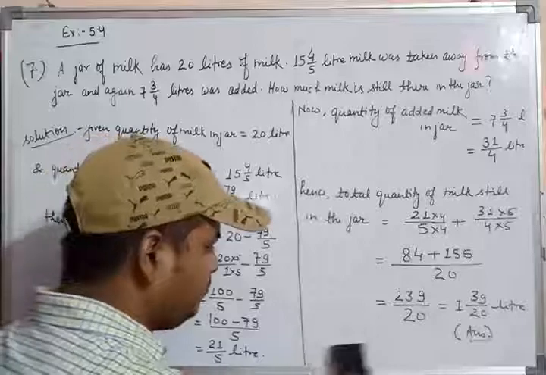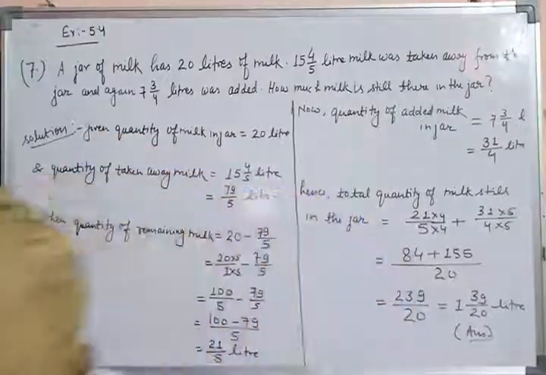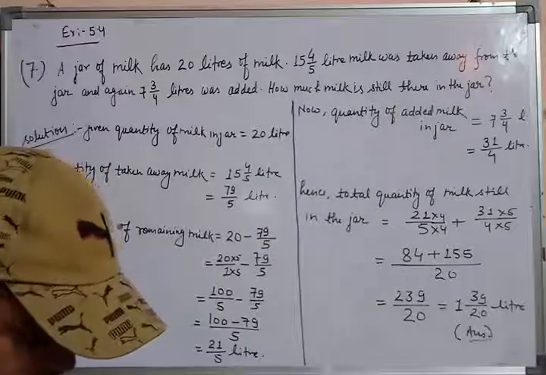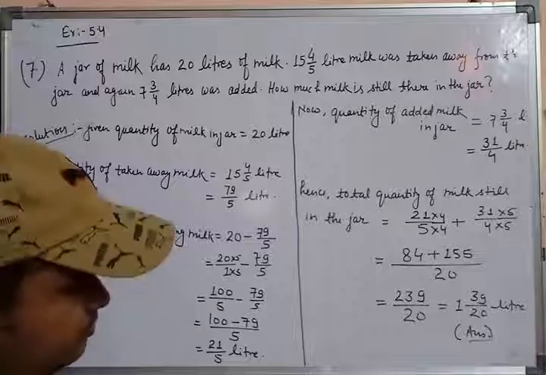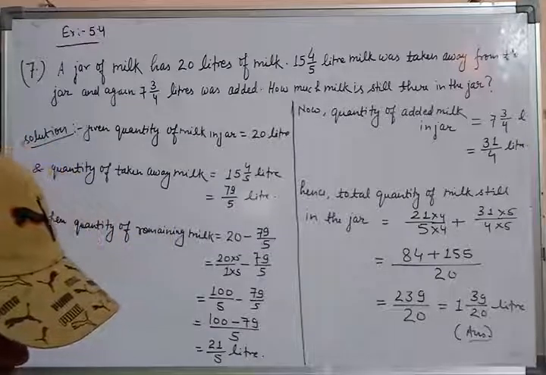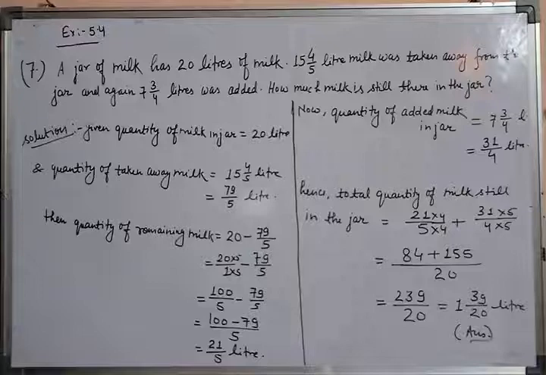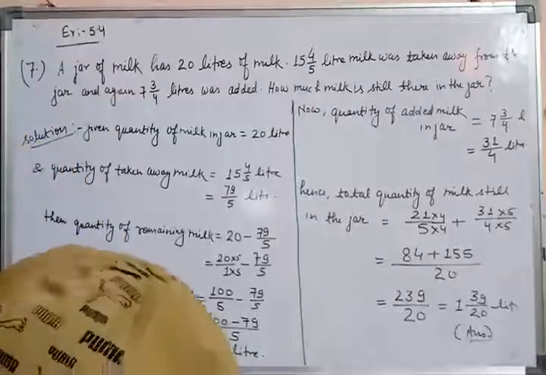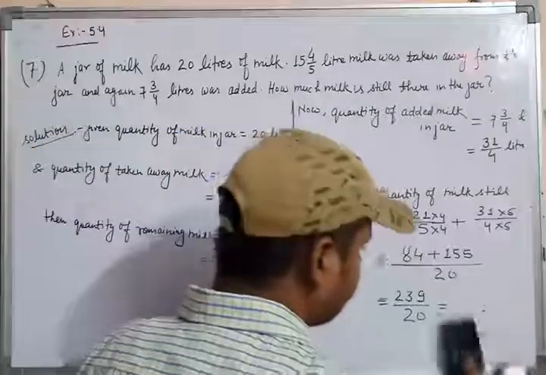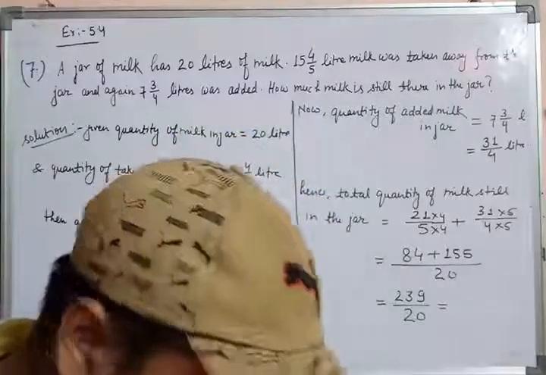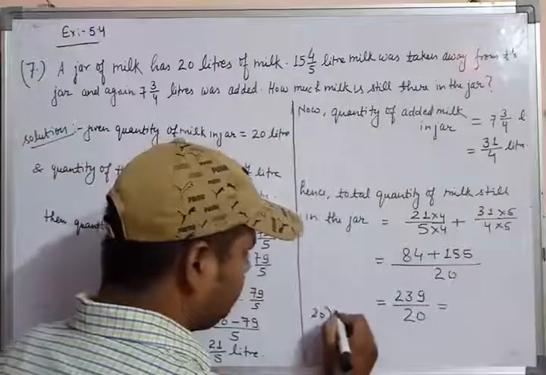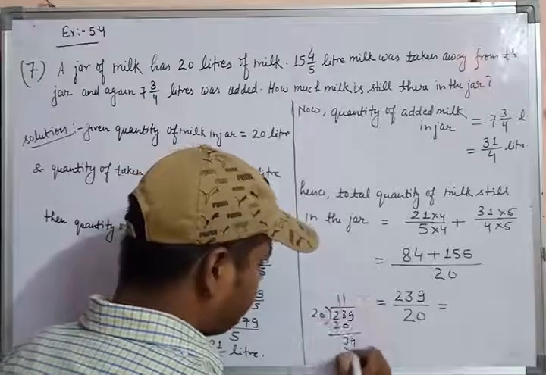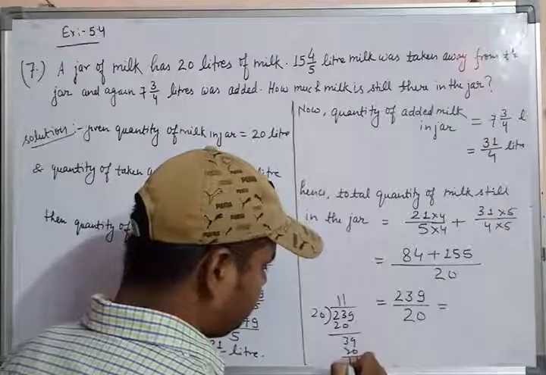Now let me check the answer is correct or not. Student, in the answer of this question, you have to correct, because if you divide 239 by 20, then we take 21 the 20 and again 21 the 20, then we get 9 and 3 minus 2 is 1.